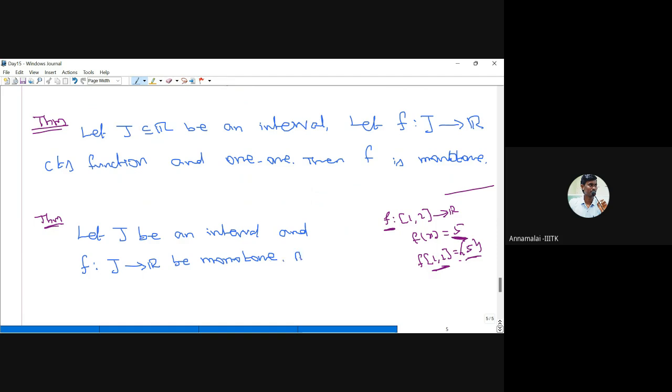Assume that the image of J is some interval I. Suppose the image of the interval J is an interval, then f should be continuous. The only possibility is that f is continuous. Otherwise, that is not. So, any doubt in this?